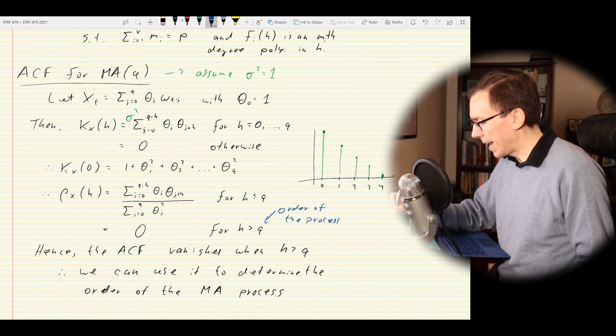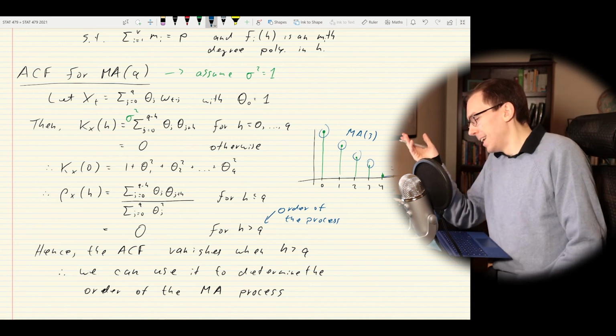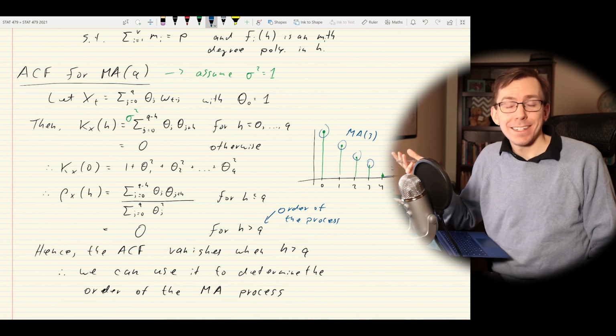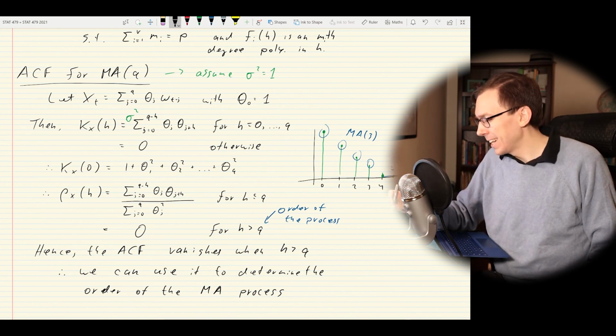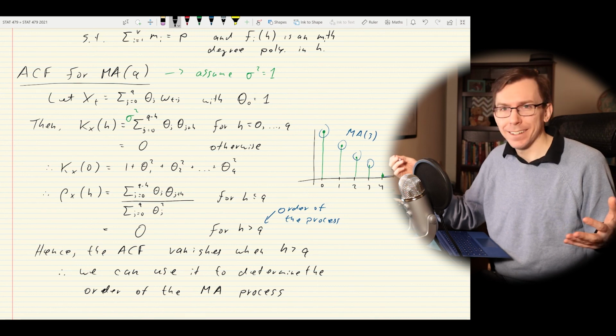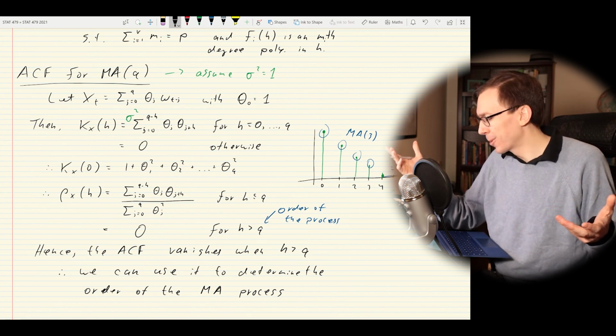So if we have, say, an MA3 process, we might see that it's non-zero, non-zero, non-zero, non-zero, and then it's just equal to 0 after that. And as a result, we can stare at this and say, hey, look, this thing vanishes after lag 3. Therefore, we probably have an MA process of order 3.